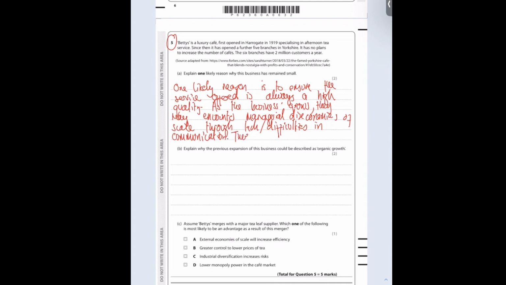Therefore, they remain small to avoid this.